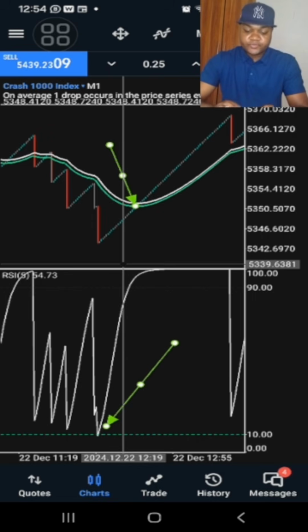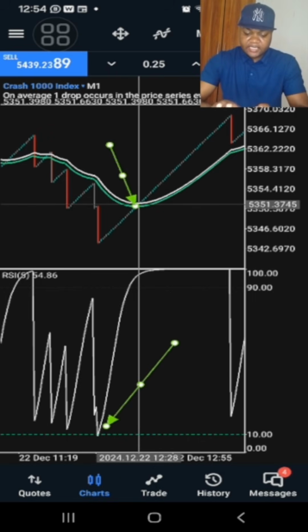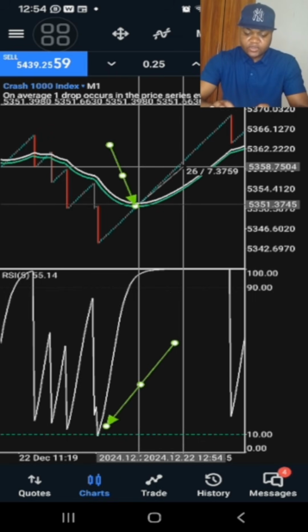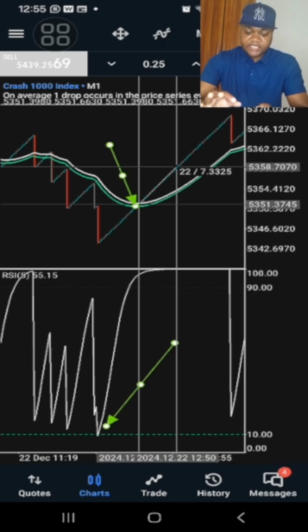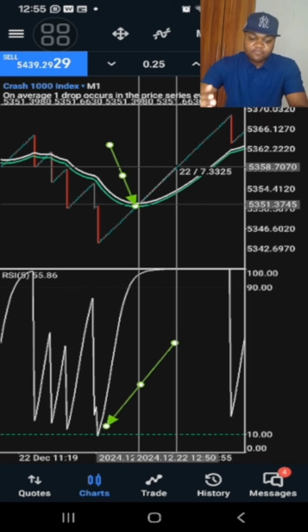So that means you're going to enter here and you'll be holding the trade until you get your 20 candles and you exit the market. There will be situations where you can take more candles, but for now, we'll just be focusing on 20 candles. That will be the maximum candles that you can take.